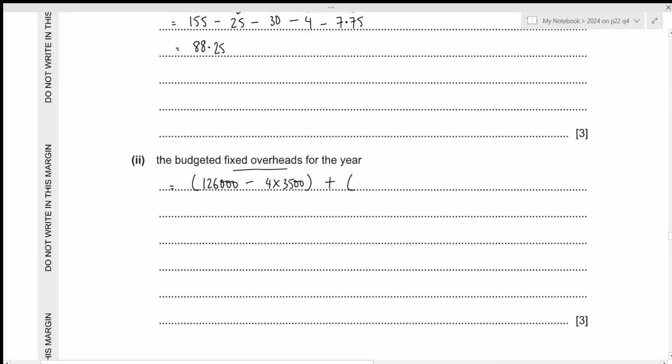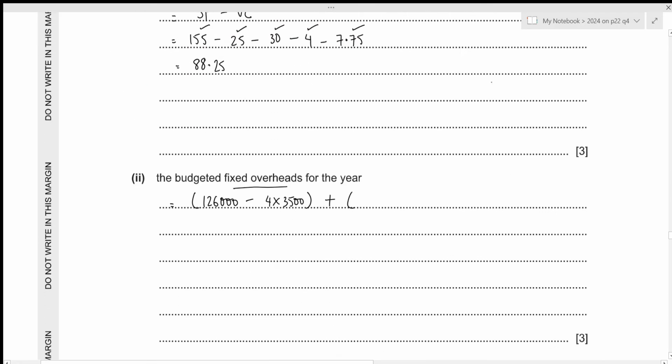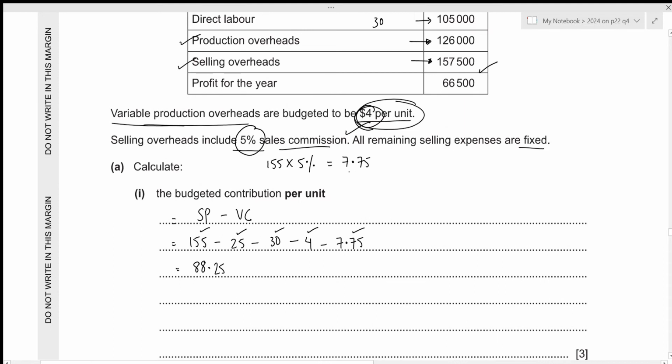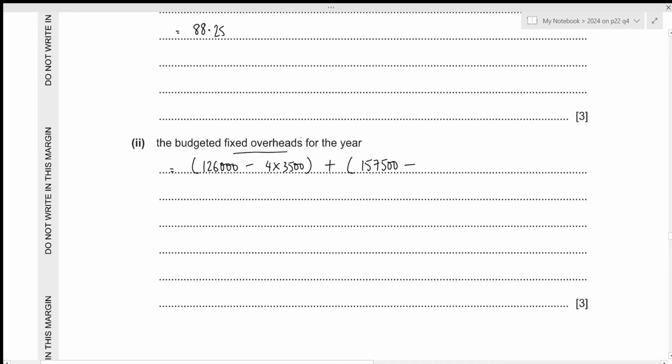Then we repeat the same process for our selling overheads as well. We have a total of 157,500. And in this case, the per unit variable cost is 7.75. We have a total number of units of 3,500. So multiply these two together and subtract it. 7.75 times 3,500.